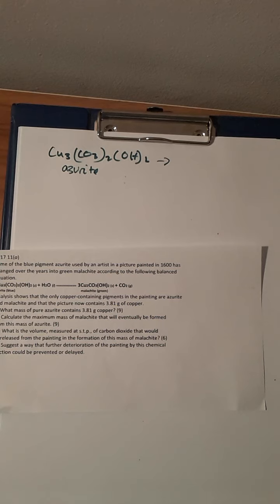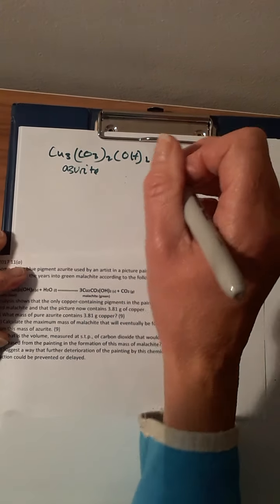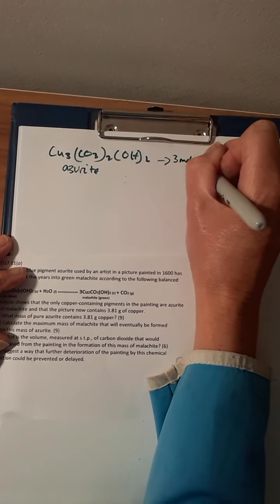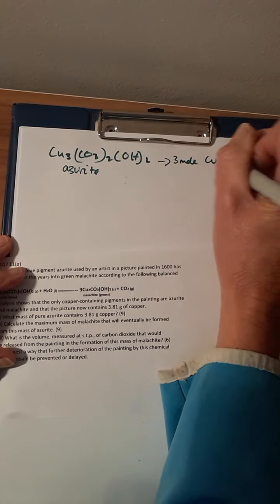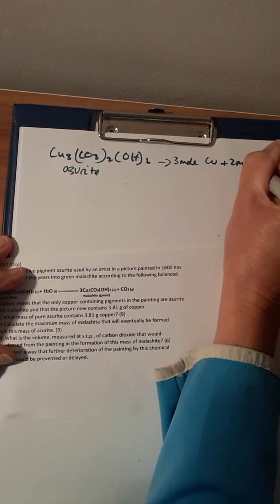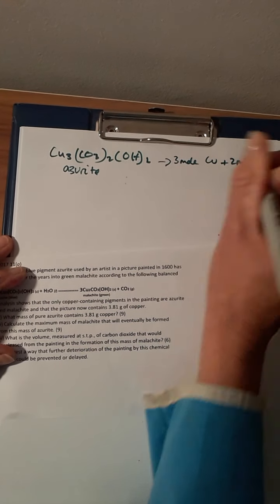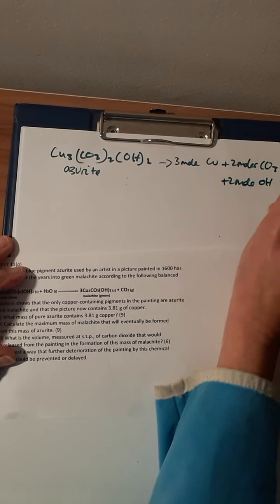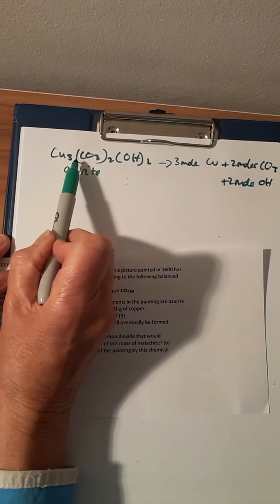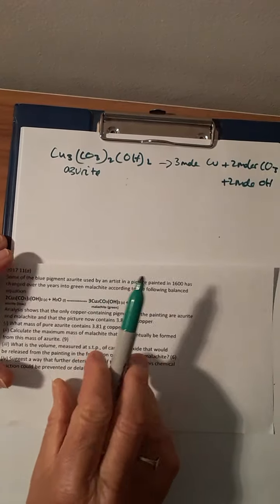Well, for 1 mole of azurite, you've got 3 moles of copper, so 3 moles of Cu. You've got 2 moles of CO3, and you have 2 moles of OH. So from 1 mole of azurite, you have 3 moles of copper.